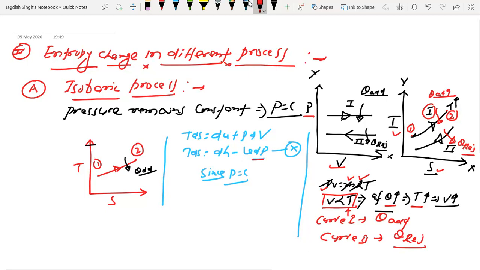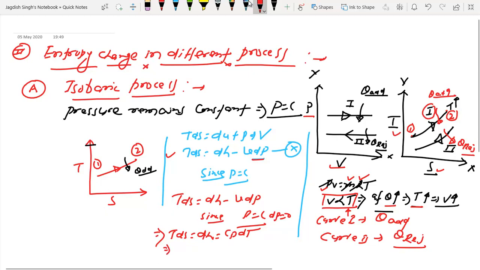Therefore, let's pick this equation: TdS is equal to dH minus VdP. Since pressure is constant, dP will be 0. So TdS is equal to dH, and dH is equal to Cp dT. So dS is equal to Cp dT by T. We have to integrate this.